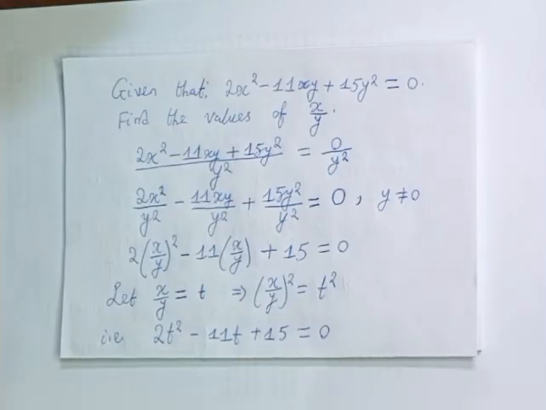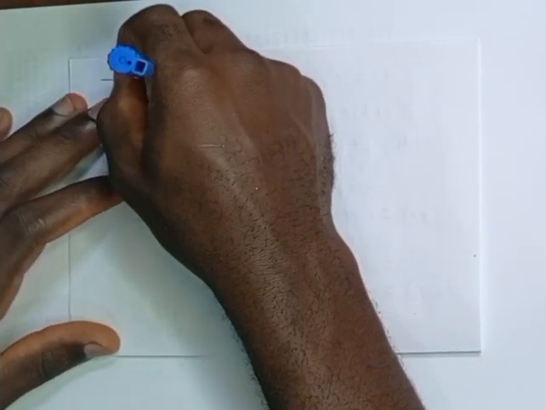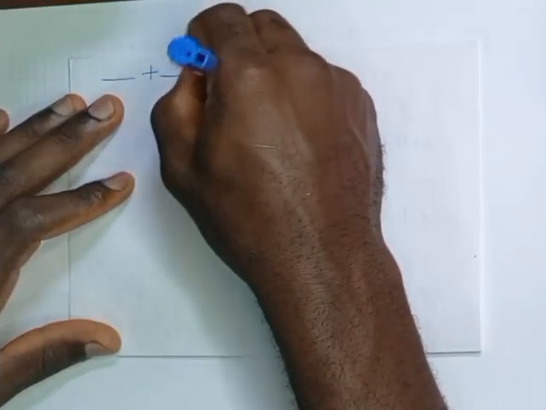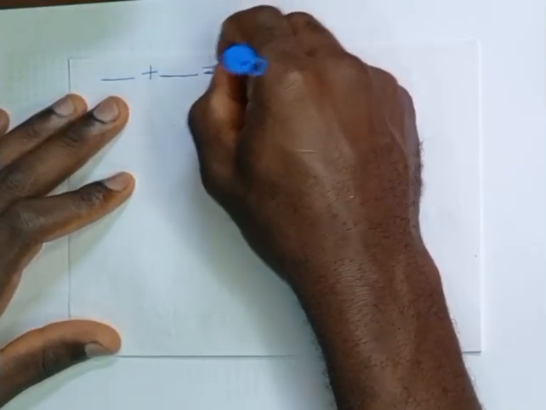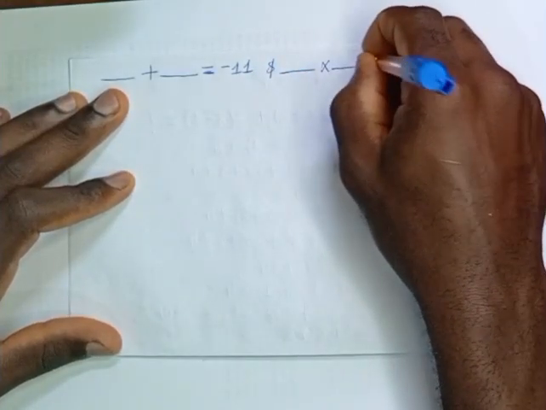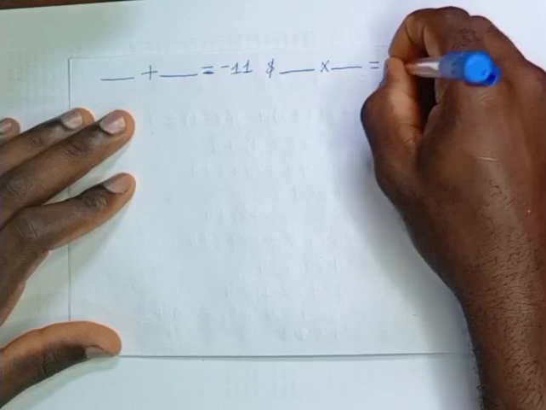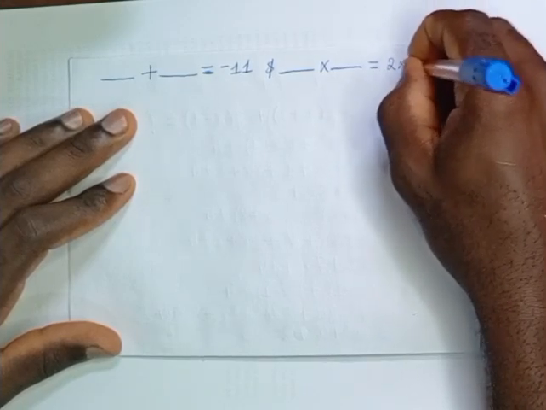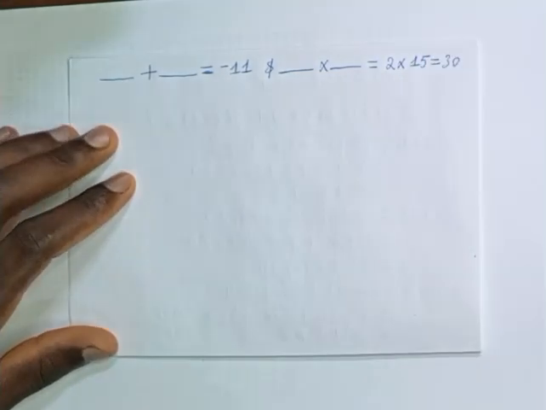We can solve this quadratic equation by making use of the method of factorization. We need two numbers such that their sum is equal to negative 11 and their product is equal to 2 times 15, which is 30.